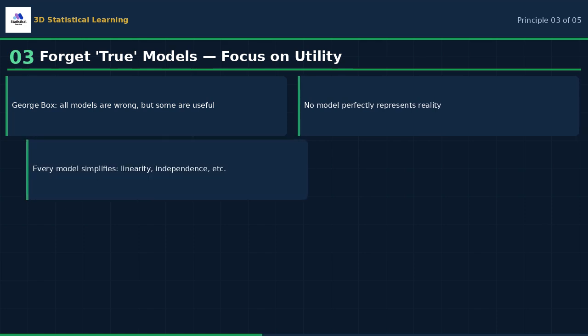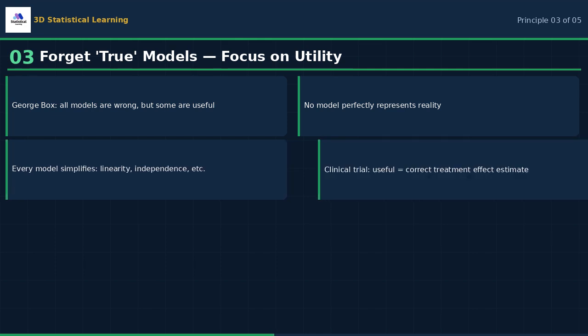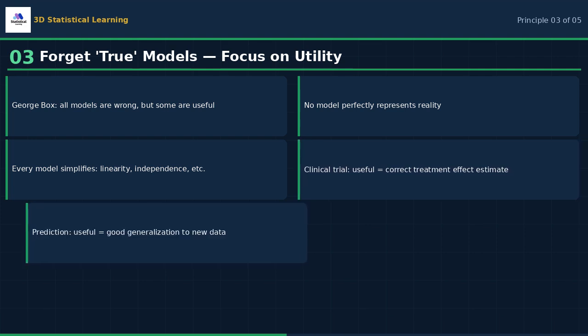Every regression model is a simplification. It makes assumptions about linearity, independence, homoscedasticity, distributional form, and the absence of unmeasured confounders. None of these assumptions are perfectly true in practice. The question is not whether your model is true. The question is whether it is useful for the task at hand.